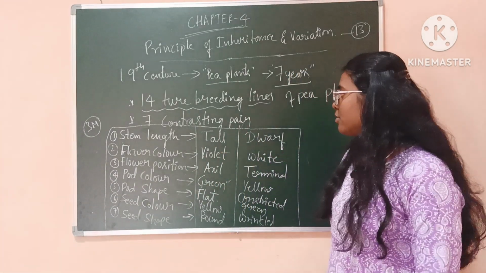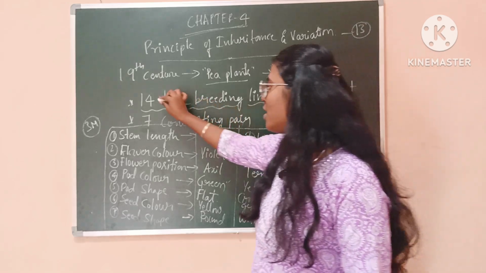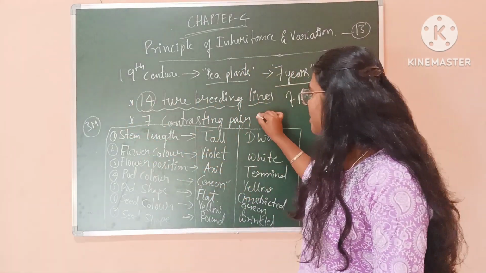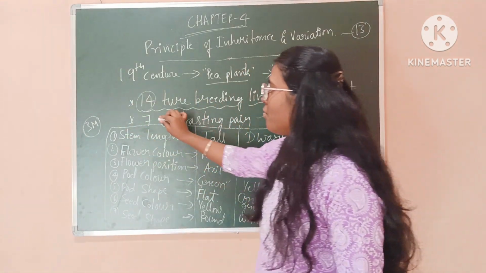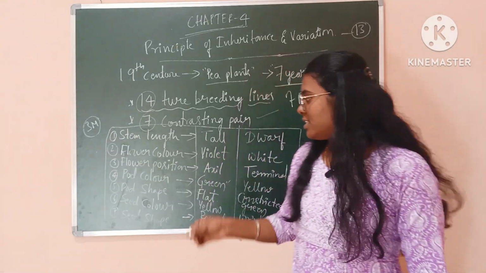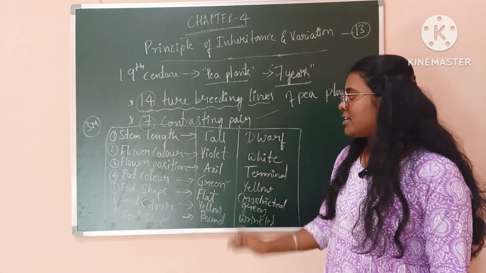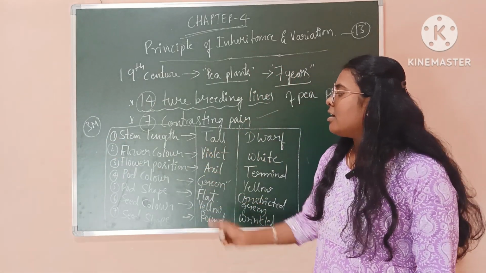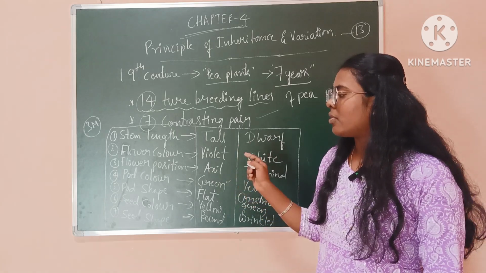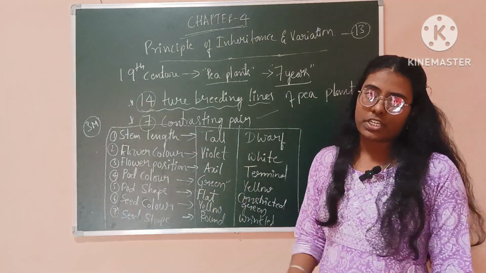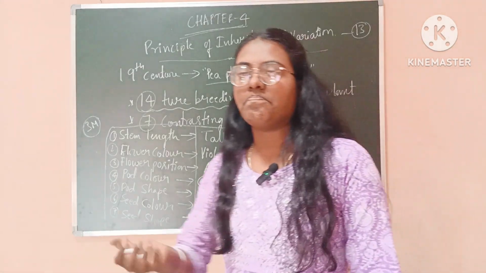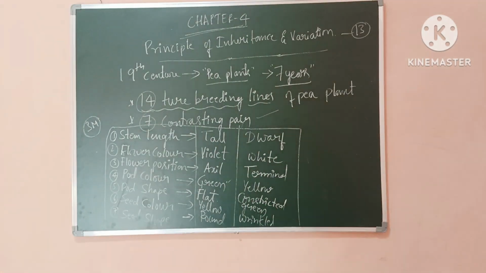If they ask about true breeding lines, you should go for 14, and if they ask about contrasting pairs, you should go for 7. These are the 7 contrasting characters: stem length, flower color, flower position, pod color, pod shape, seed color, seed shape. Okay, thank you.